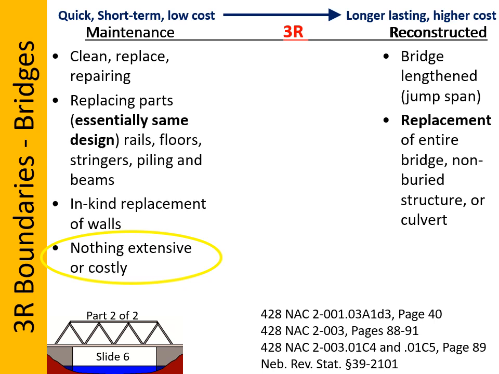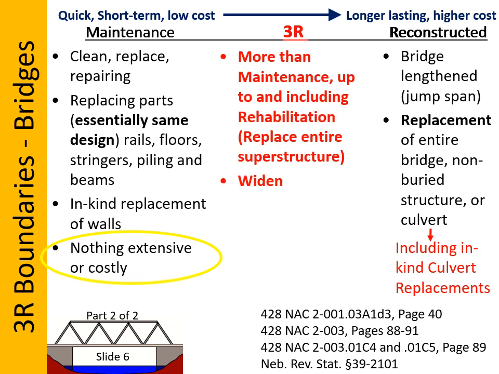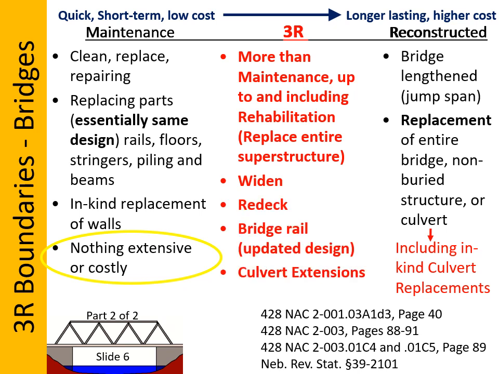Going over to the right column, new and reconstructed typically means that the structure is replaced in its entirety, including an in-kind culvert replacement, or it could be adding a jump span. The middle column is 3R, which is any scope between the right and left columns. This may include widening, redecking, updating bridge rail, and culvert extensions.